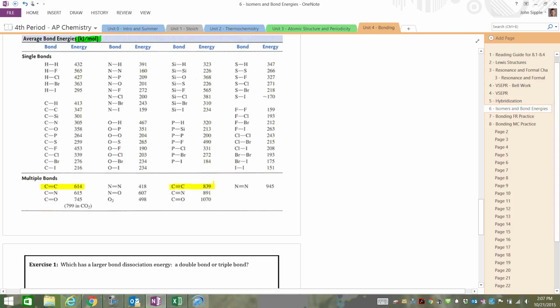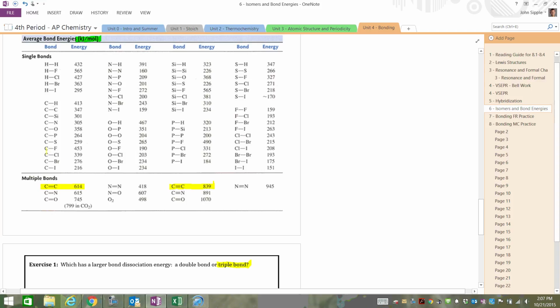Which takes more energy to break? Triple bond. That makes sense, right? Triple bonds are stronger. It's going to require more energy to break those, and release that energy. So, triple bond.